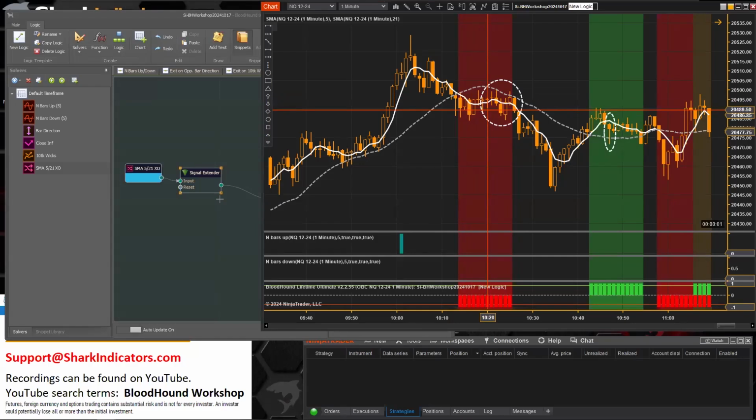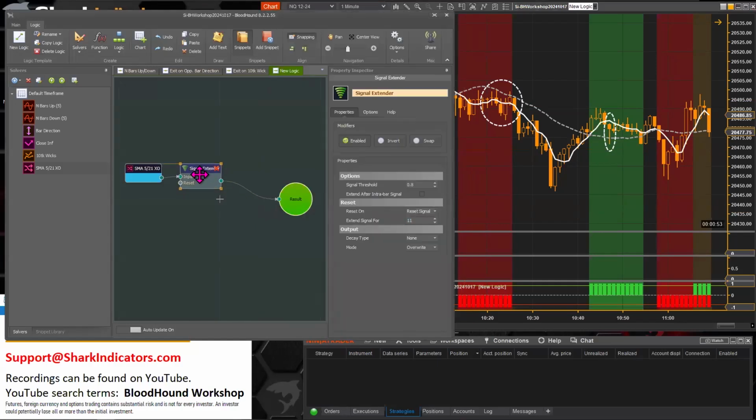Then at some point you just abandon that setup crossover and wait for the next crossover. And that's what the signal extender does: it sets a limit for how many bars your setup condition is good for.